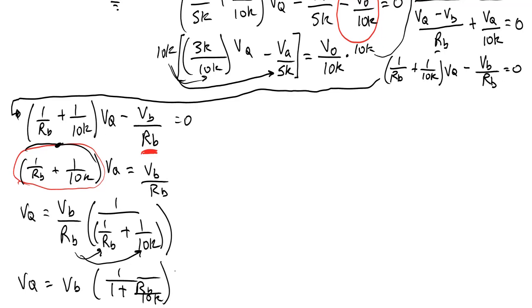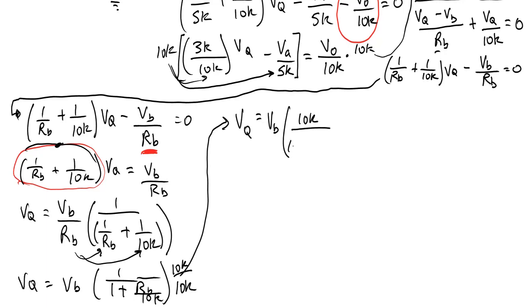Okay, let's bring this up here. Let's pretty this up a little bit. What we can do is get this RB by itself by multiplying by 10k over 10k. So what we're left with is VQ equals VB, 10k on the top, and then 10k plus 10k RB divided by 10k, and that goes away.